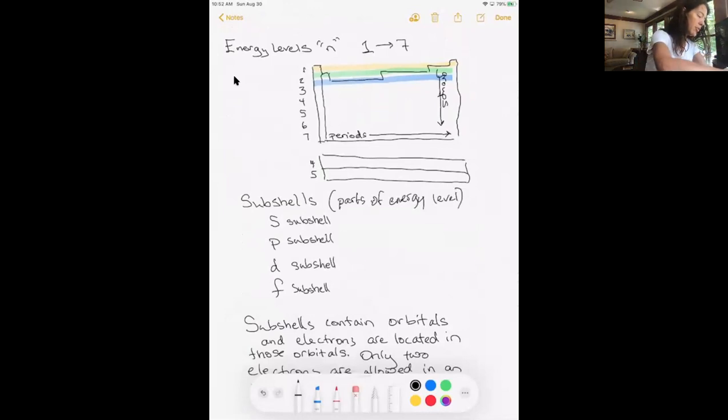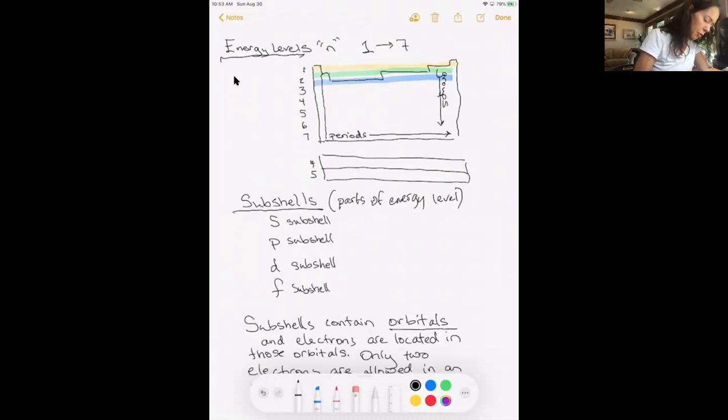So it goes from broad energy level, okay? And then in that energy level, what subshell are you on or in? And then within that subshell, what orbital are you located in? Okay? Orbitals are regions in space around the nucleus that contain electrons.